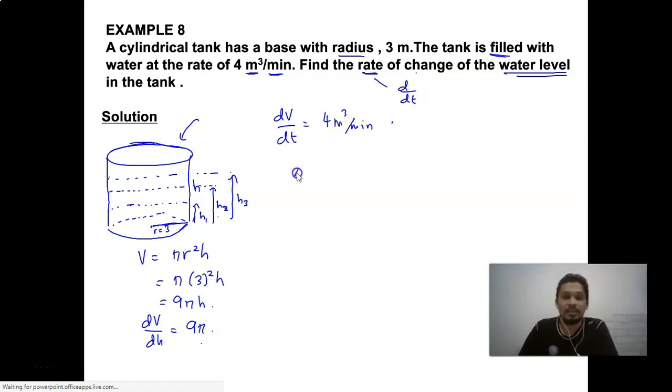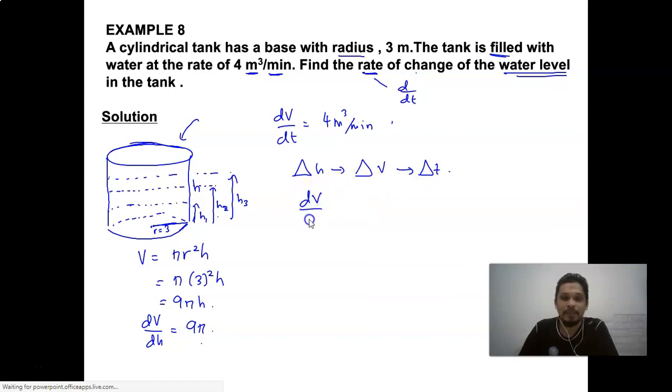The change of height gives you the change of the volume of the water in the cylindrical tank at a particular time.